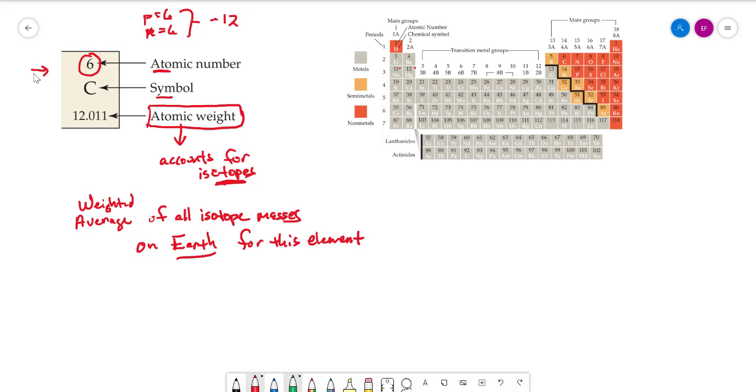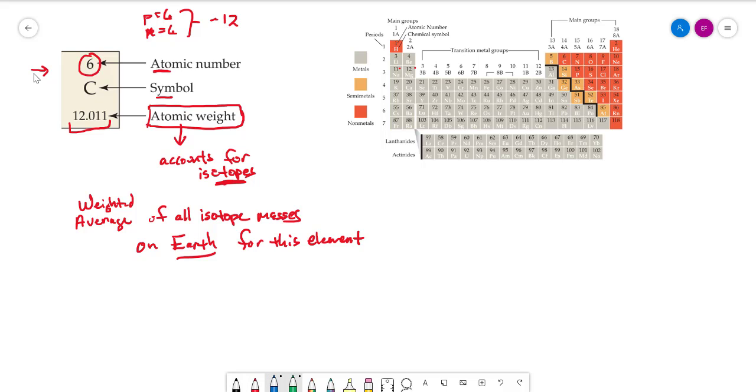But what we see is, in reality, the weighted average, or the atomic weight of carbon, is actually more than that. And that's because carbon exists naturally on this planet in 3 general forms. We'll talk about the 2 primary ones here.